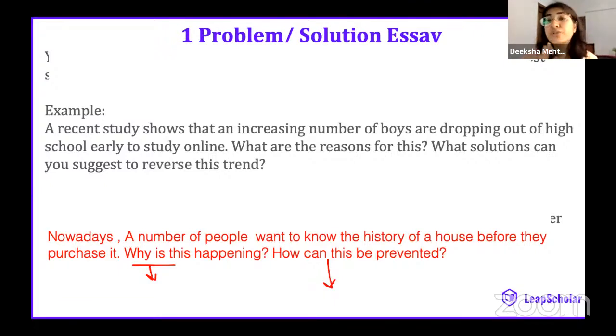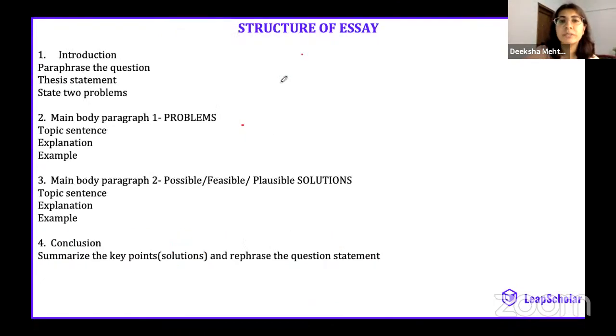You can use 4 paragraphs for every essay type. Depending on the number of ideas that you have, you can change the structure, but let's look at a sample structure that you can use everywhere. So for example, for this problem solution question, here is the structure. Now, your first paragraph is always the introduction. Your introduction is always a 3-sentence introduction.